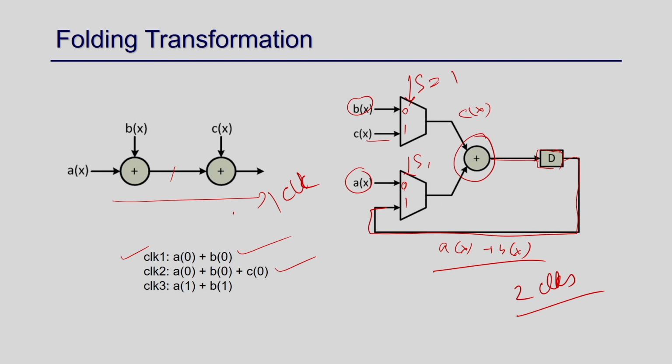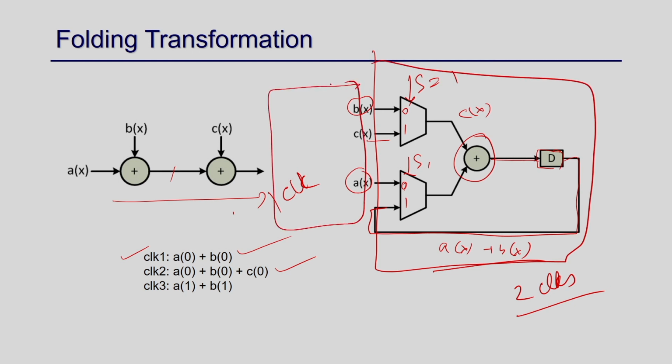Because you can see here, this is say one module, and this input is coming from another module. Earlier it was giving in every clock, and similarly this output is going to some other module. These modules have to be synchronized.